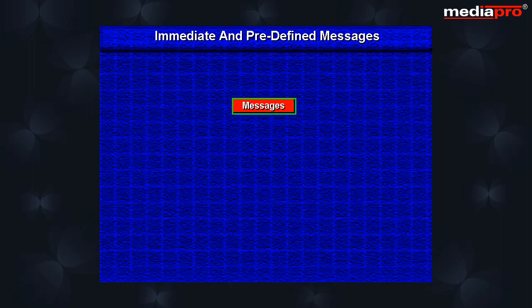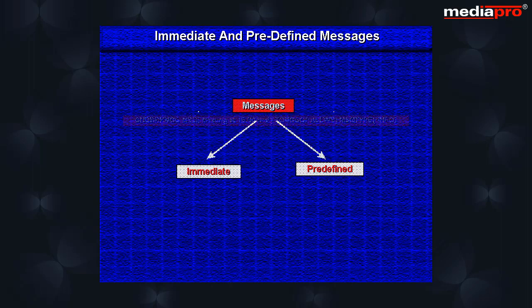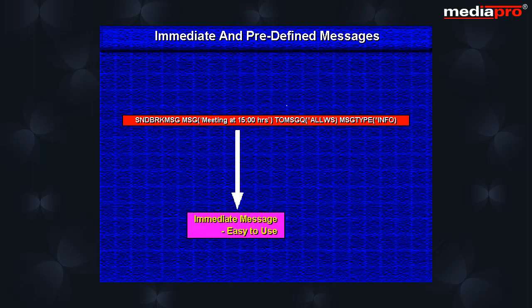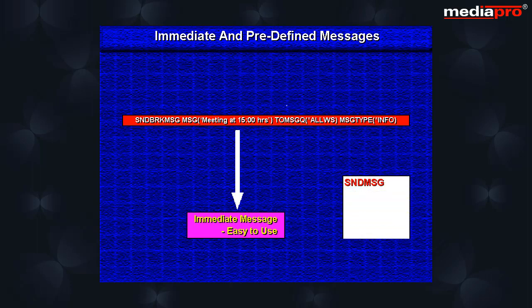Messages can also be classified as immediate and predefined. An immediate message is one that is composed within the command as and when required. The main advantage with these commands is their ease of use. They can be used on the send message, send break message, send user message, and send program message commands.